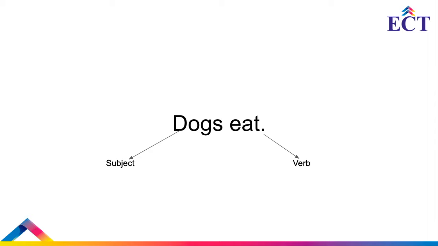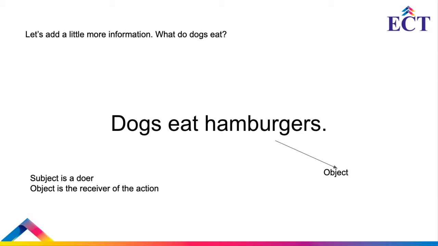Dogs eat. Subject and verb. As we discussed, we need just a subject and verb to write a sentence, right? These are the basic essential elements. Then let's add a little more information. What do dogs eat? For example, we are adding more information. Dogs eat hamburgers.